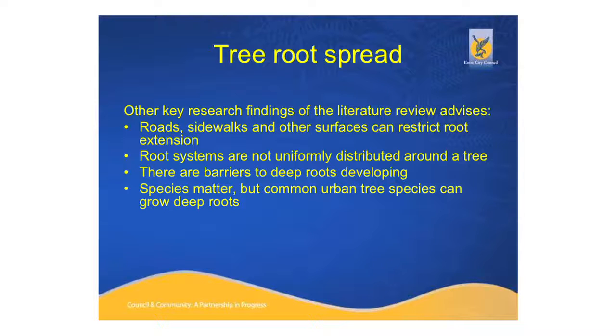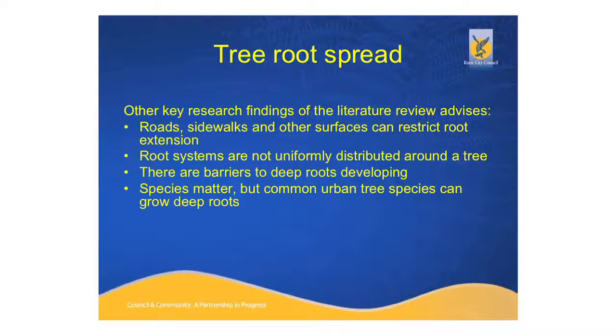It doesn't happen always, but root systems are not uniformly distributed around a tree. We all know that. Yet we treat that circle as being sacrosanct, and that represents 10% encroachment, not an issue. There are barriers to deep roots developing, but we know roots do develop deeply into soils, and it really depends on the soil type.